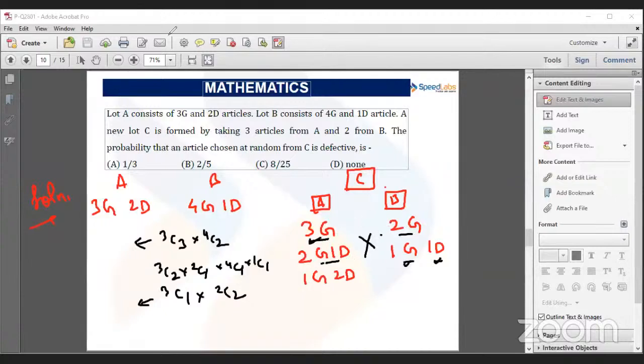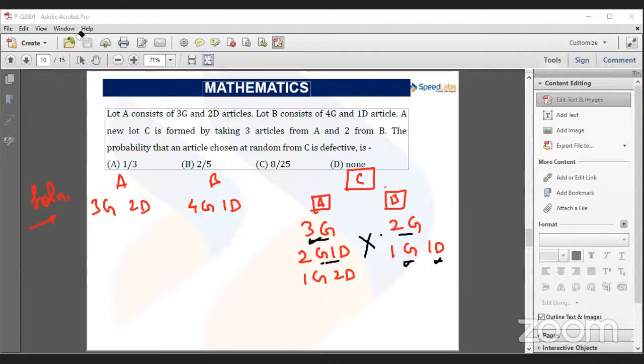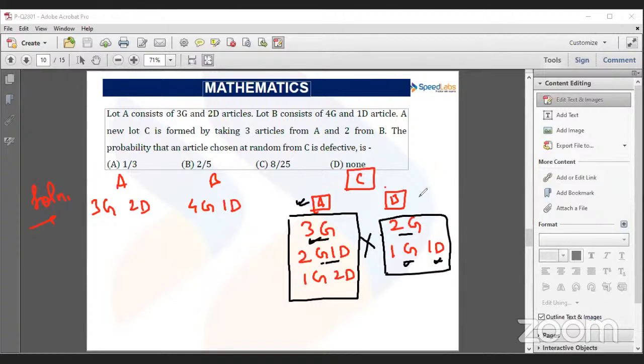Similarly, the total number of choosing would be slightly longer. So this is how he will choose three articles from lot A, and this is how he'll choose two articles from lot B.